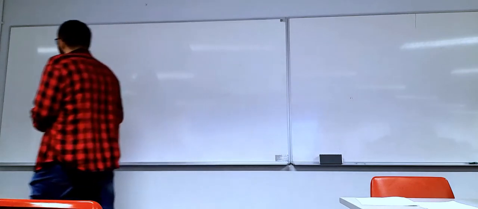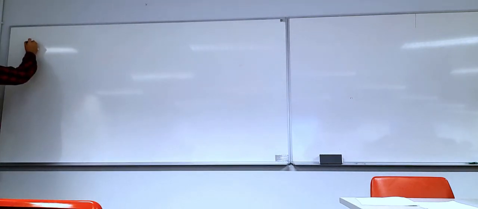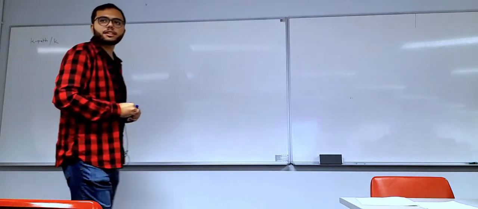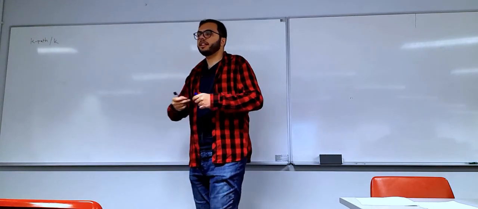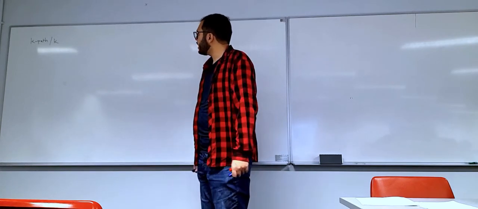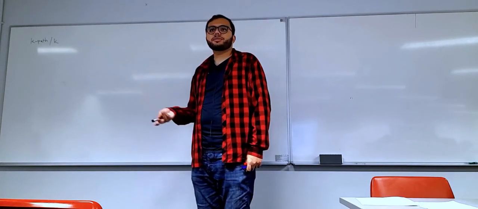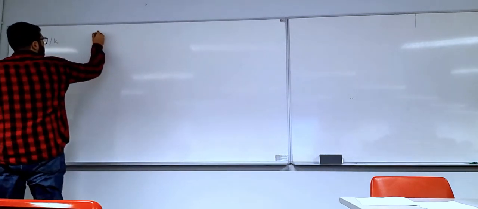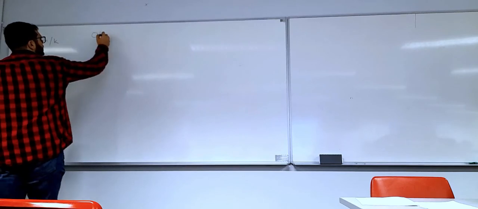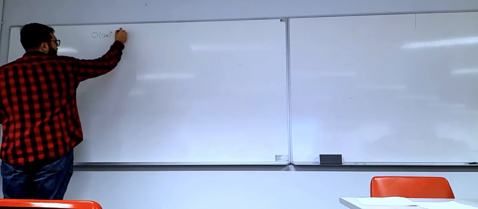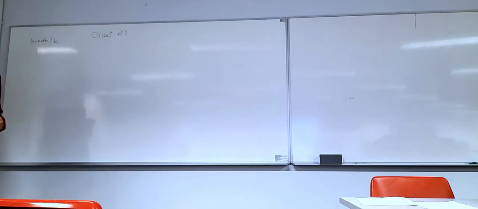Remember, the input is just the graph, and the question is whether this graph has a simple path that has k different vertices in it. We've already seen some solutions using color coding. We saw a solution that took 2e to the power of k times some polynomial function of n.